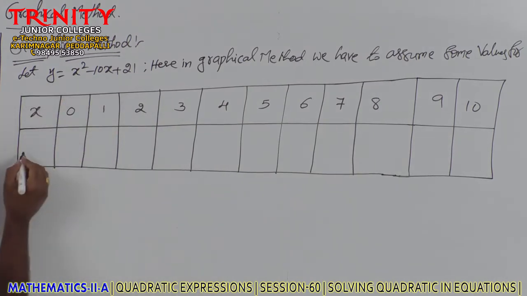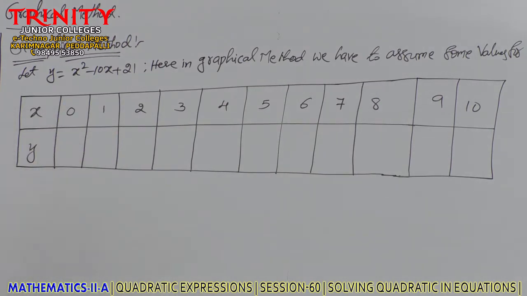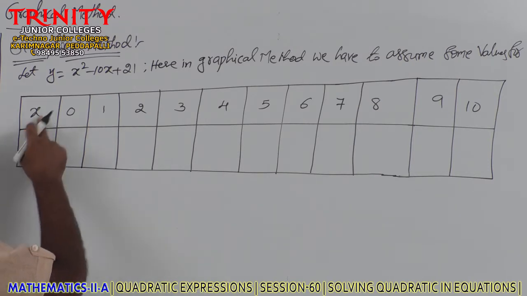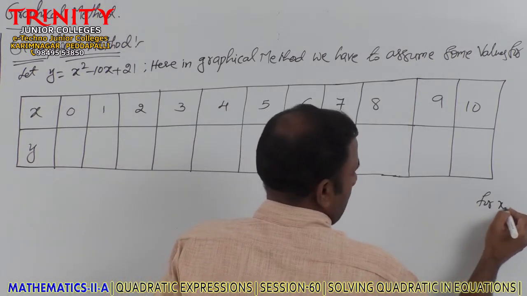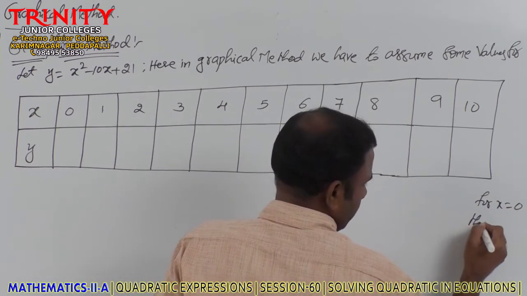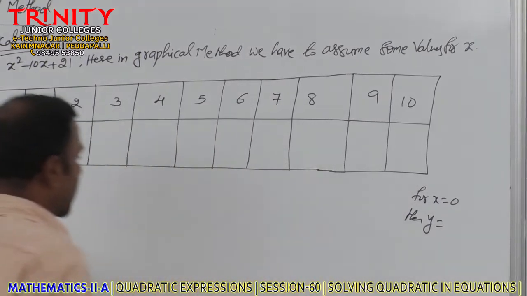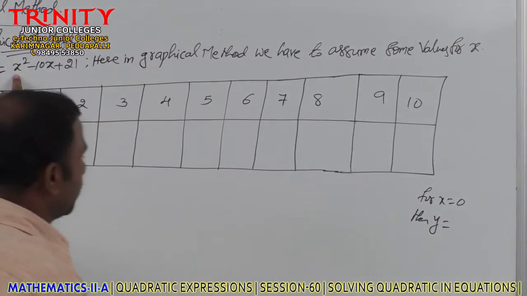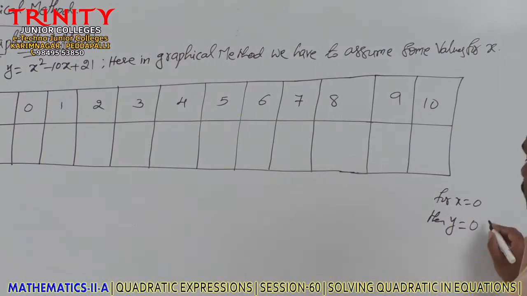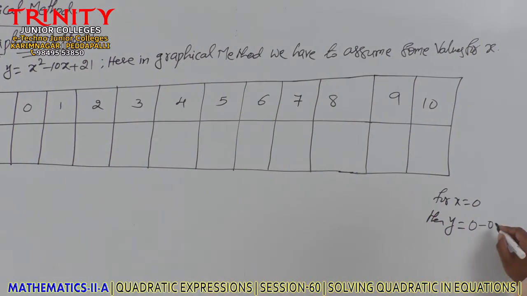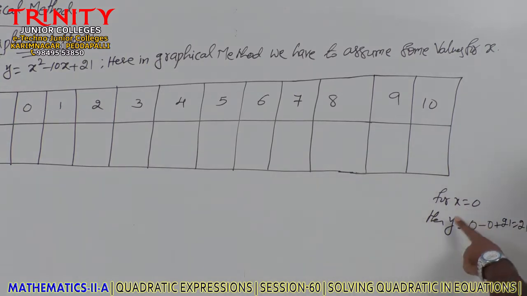We considered y as the given expression x square minus 10x plus 21. When x is equal to 0, then y is equal to, see, 0 square is 0, minus 10 into 0 is 0, plus 21. Therefore, for x is equal to 0, the value of y is 21.